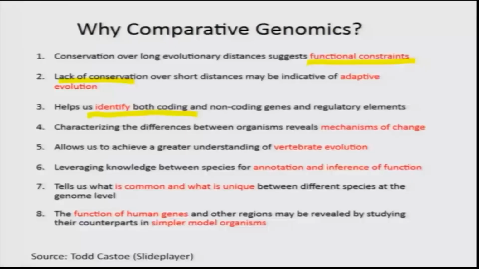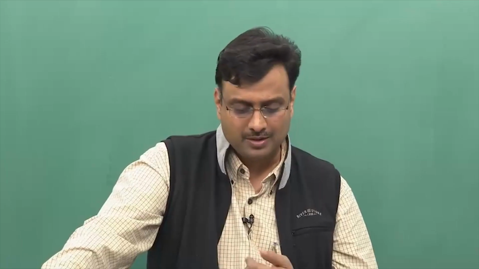Knowledge between species for annotation and inference of function, like we told you, gene ontology is another example, where we are studying yeast, understanding the function of a gene. That gene we also have. So, that information helps us to understand what is the function of that gene in the human, and tells us what is common and what is unique between different species at the genome level.